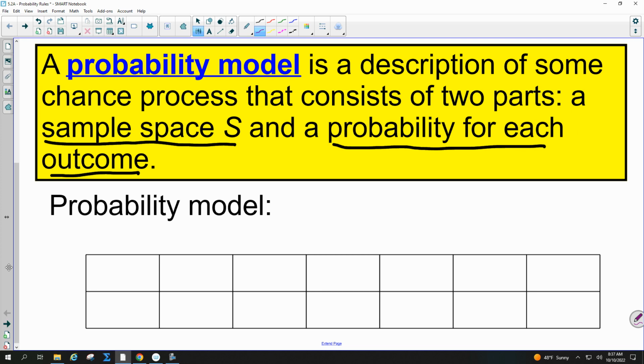So a probability model will probably look something like this. X is your random variable, and then the probability of X occurring.